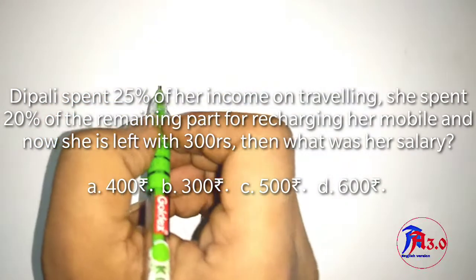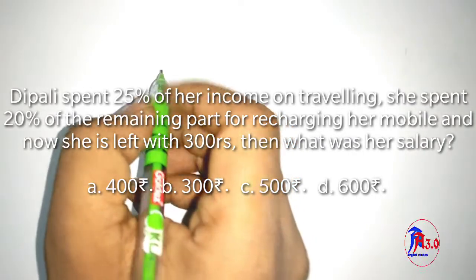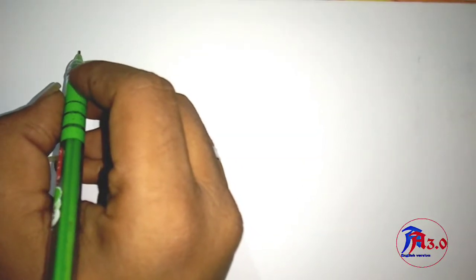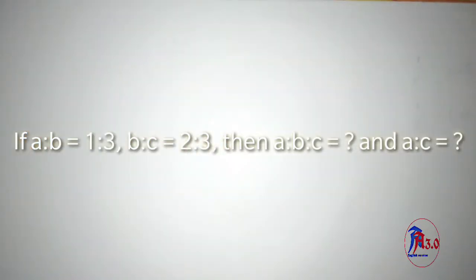But before going to the question, let us try to understand what is successive concept in ratios. Let me give you a question before solving the previous question. This question is also a part of competitive exams. Maybe you will see these type of questions in the exams also.